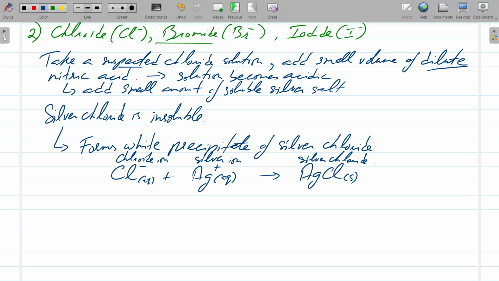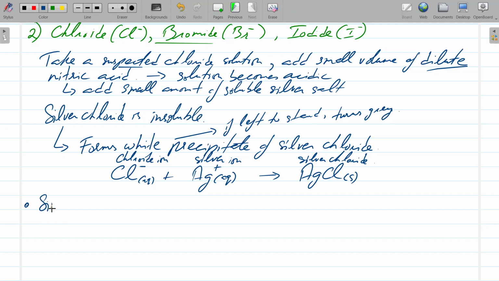Silver chloride is white, and if left to stand, it turns gray. So that was for chlorides.